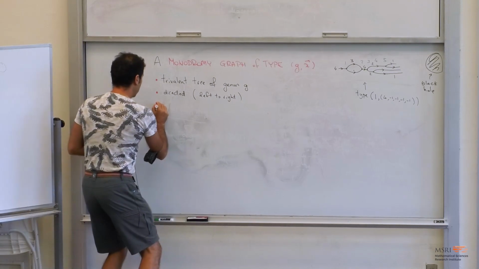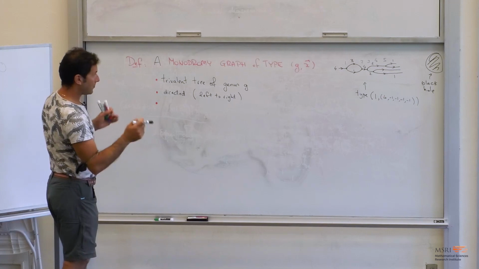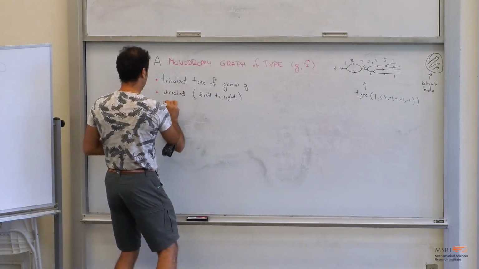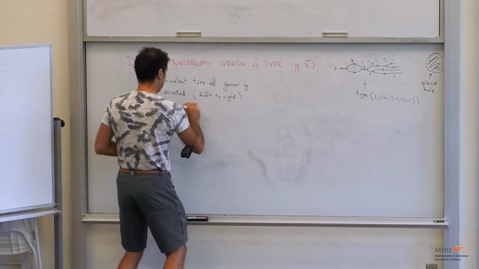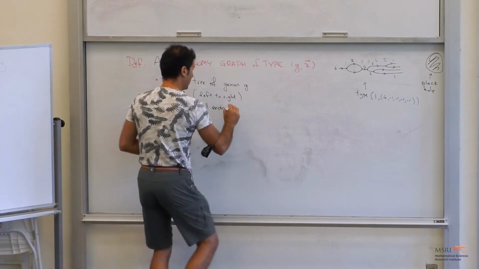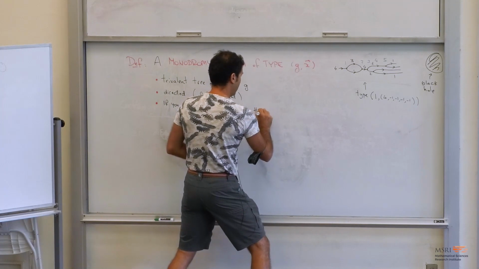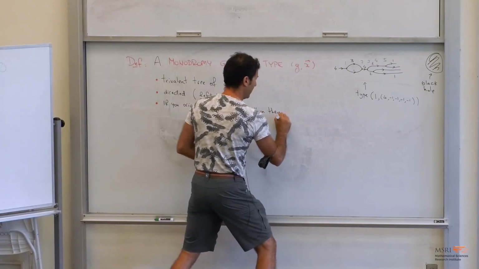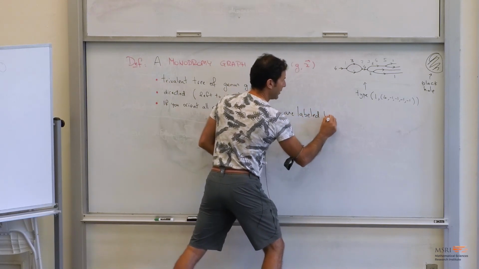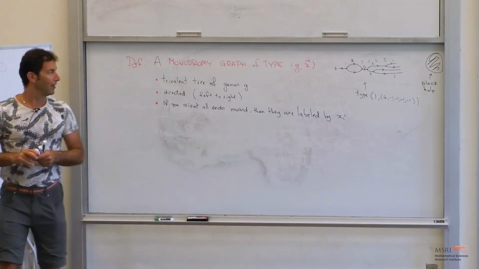What else do I want? So I want that the ends of this tree, if you orient all ends inward, then they're labeled by the xi's, by the components of the vector x, right?